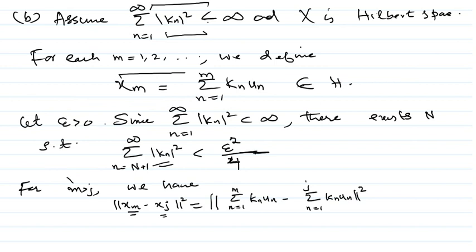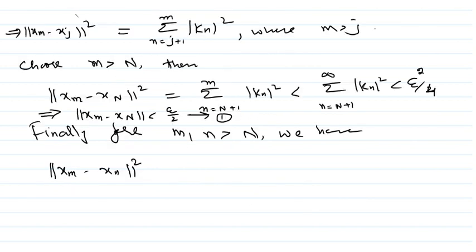Then in the next page, you will see this norm xm minus xN whole square is less than epsilon square by 4. Let's apply the square root on both sides. You will find norm of xm minus xN less than epsilon by 2. So now we don't need square here.